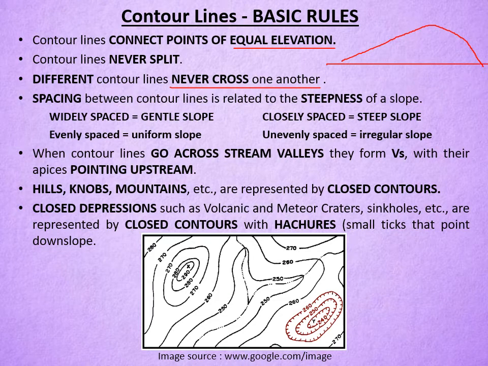Now, if this one is 100 meter and this one is 200 meter, similarly on this side of the hillock you also get the 200-meter point and the 100-meter point. If we plot them on a horizontal paper, the 200-meter point will be projected at that point.